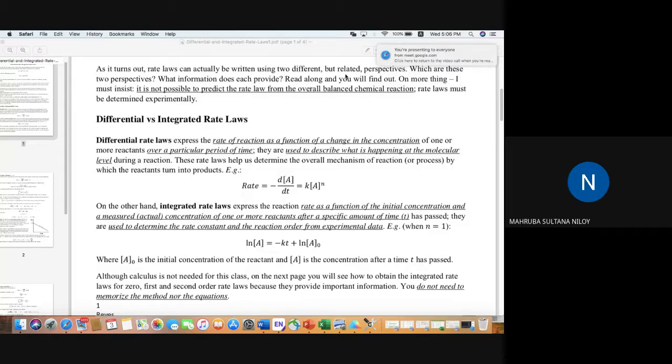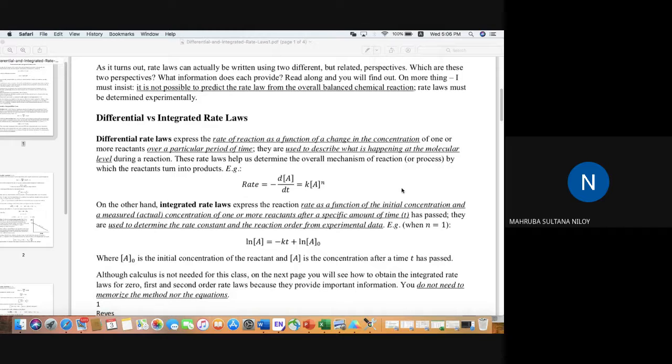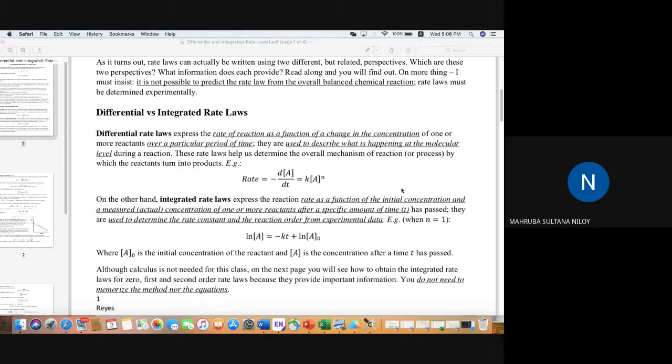So today we'll discuss differential versus integrated rate laws. Okay. So what is differential rate law? Differential rate law expresses the rate of a reaction as a function of a change of concentration when one or more reactants convert over a particular period of time. Is it clear?